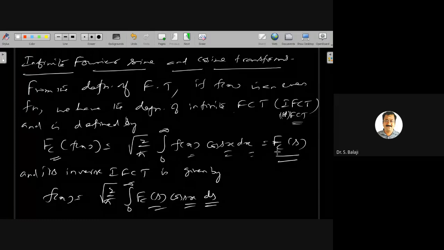The result will be a function of s, and since it is under the Fourier cosine transform, use the notation FC of s instead of f of s. F of x cos sx, everything is in x.